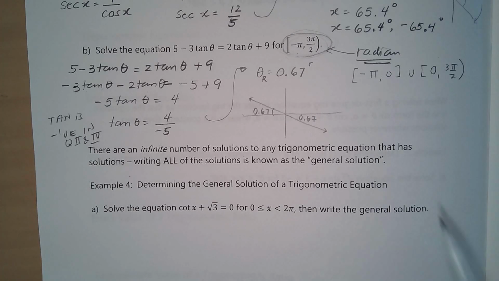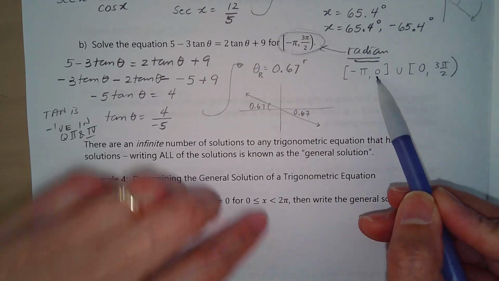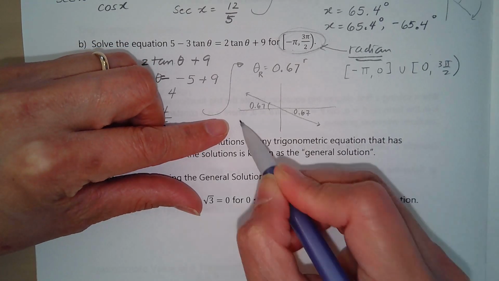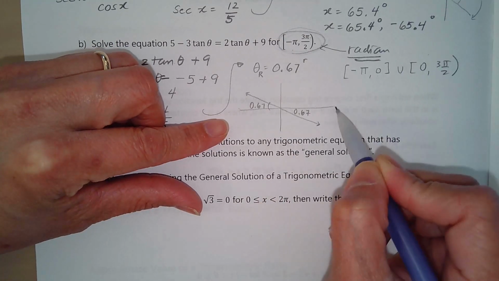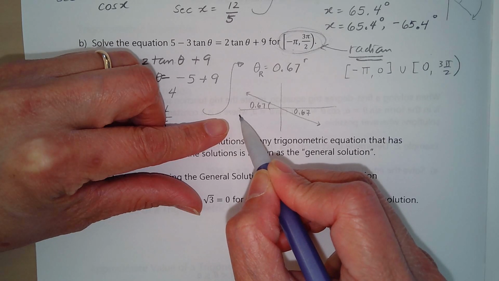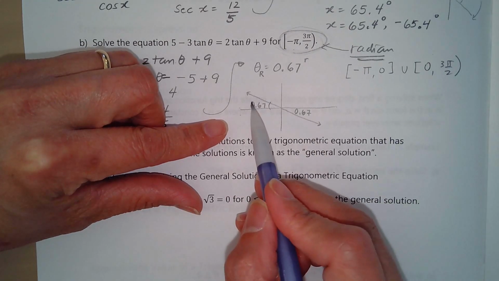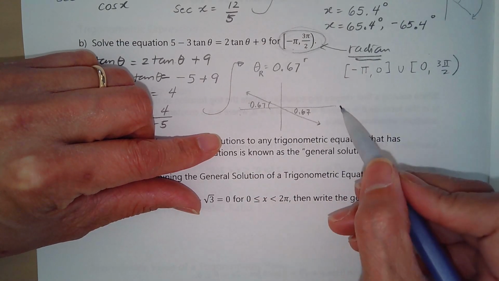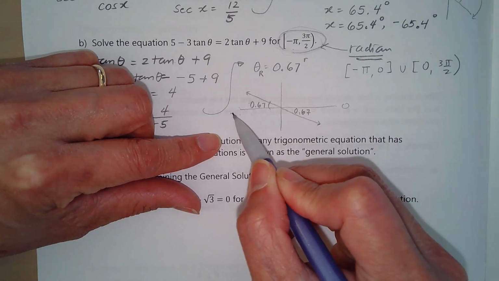So I'm going to start with from 0 to negative pi. So 0 to negative pi, that's turning this way, negative pi. Am I going to include this part here? No, that's going to be over, right? From 0 to negative pi only.